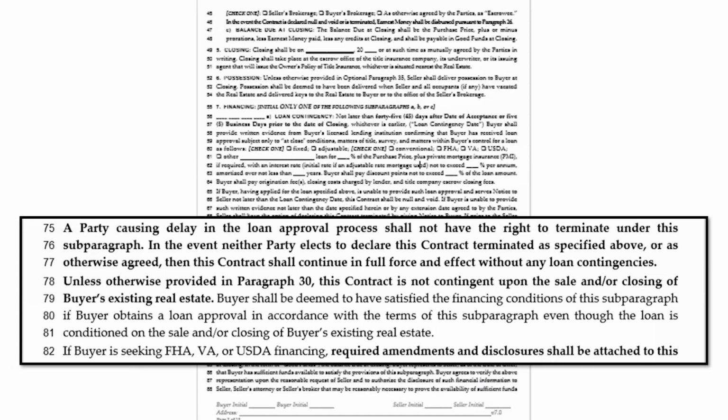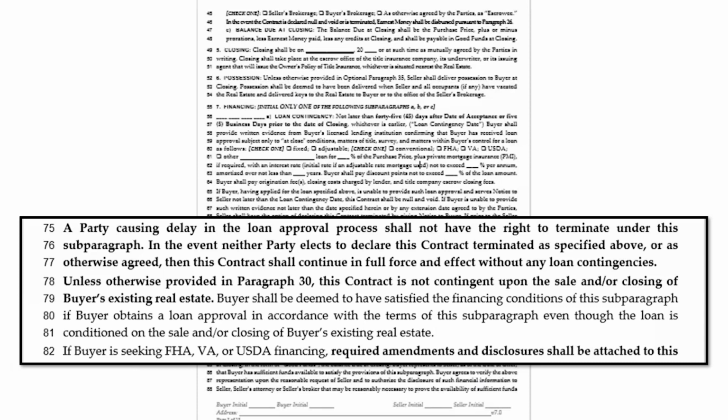Because it says right in here, if you've got a home to sell and you need to make it contingent on that, then you need to come forward and say so. Because if you don't, then the contract is not contingent on that. So the rest of it talks about how the buyer is deemed to have satisfied financing conditions if the buyer obtains a loan approval in accordance with the terms, even though the loan is conditioned on the sale or closing of the buyer's existing home.